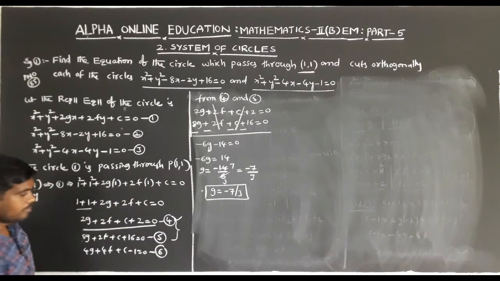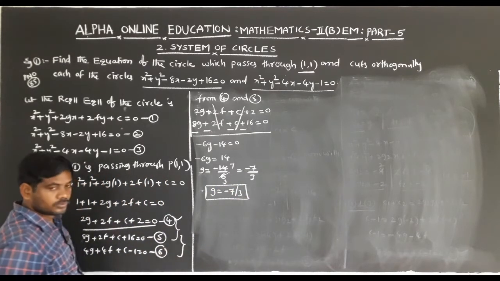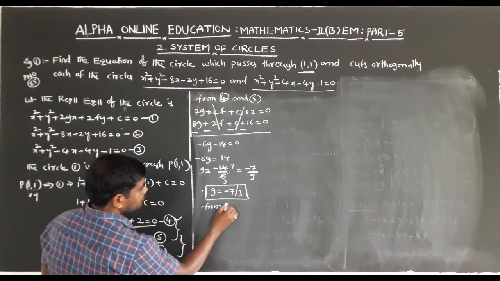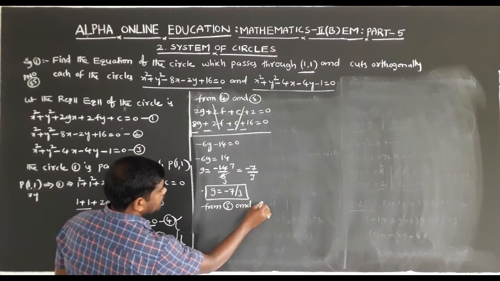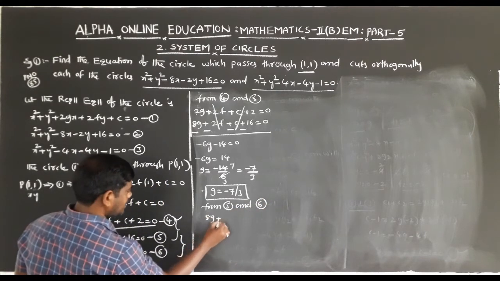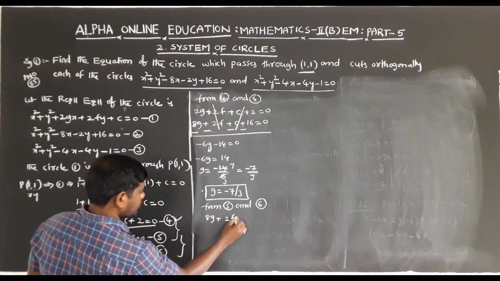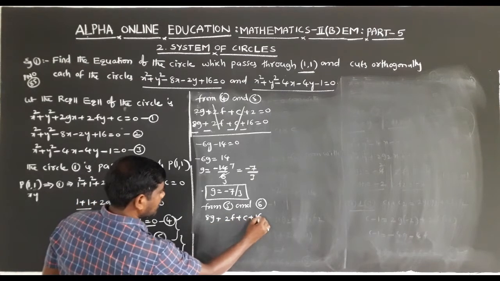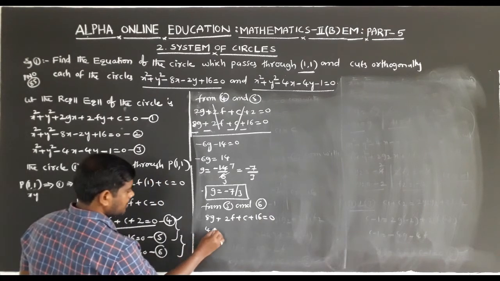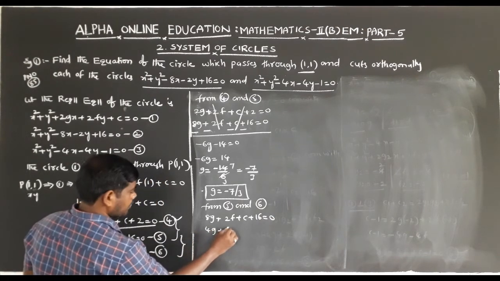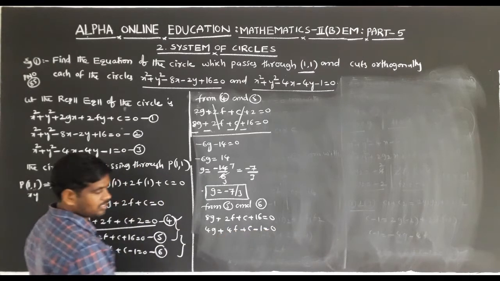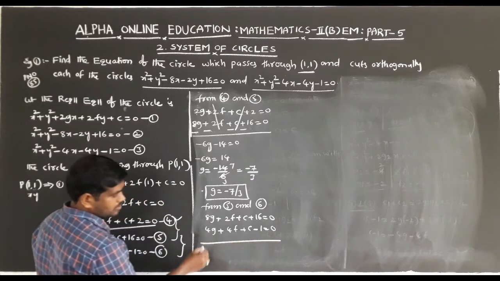Again solving 5 and 6. Fifth equation: 8g plus 2f plus c plus 16 is equal to 0. Sixth one: 4g plus 4f plus c minus 1 is equal to 0.